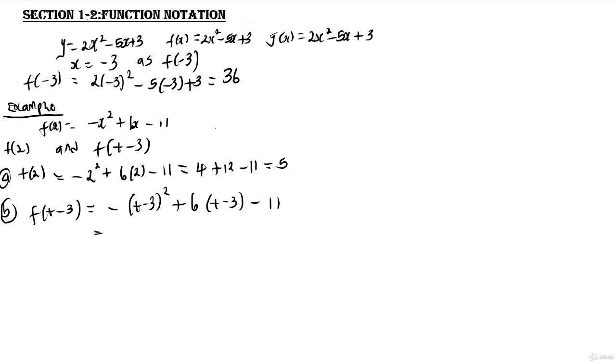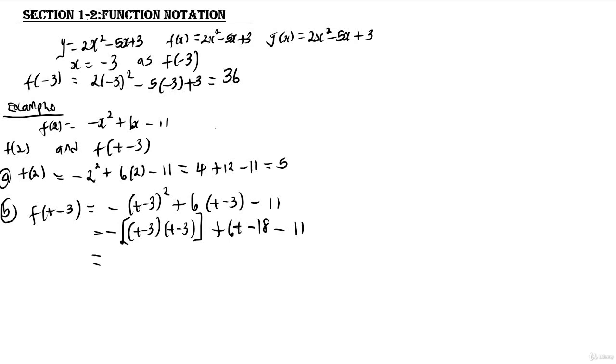Now we are going to multiply t minus 3 by t minus 3. So this is going to be minus, we're going to open this bracket, t minus 3 multiplied by t minus 3, then close the bracket. Then plus 6 is going to multiply everything inside this bracket, so this is going to be 6t minus 6 multiplied by 3, which is 18, minus 11.